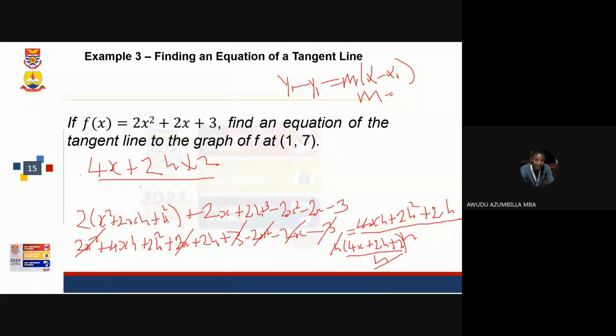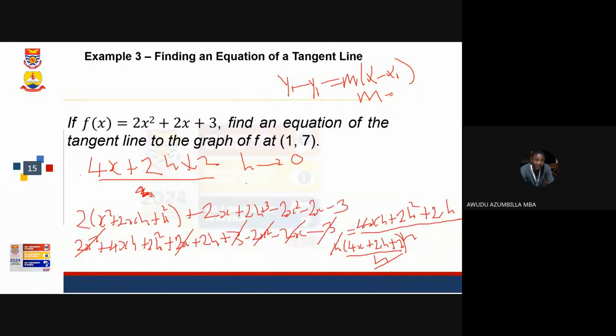My h. Now I am going to assume that h approaches 0. When h approaches 0, then we are going to put 0 wherever we see our h. Sorry, this h has cancelled the other one down there, so we don't have it again.